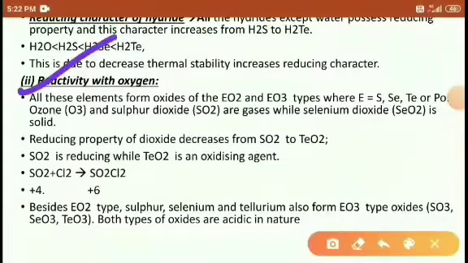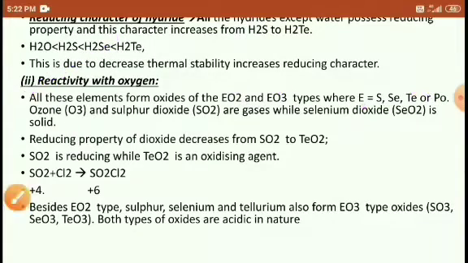Afterwards, the reactivity with oxygen. All these elements form the oxides EO2 and EO3. E stands for element: sulfur, selenium, tellurium, polonium. So they form sulfur dioxide, selenium dioxide, etc. Right students?